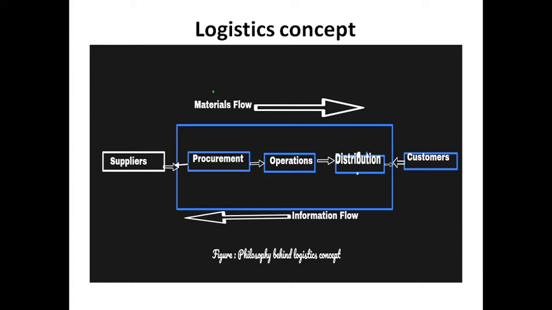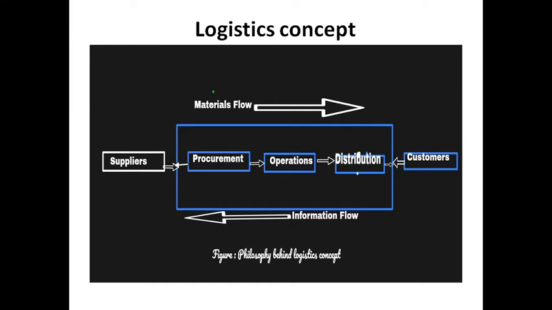Now information flow: the customers will let the distributors, the retailers, or the wholesalers know what they want, what they like about the product, and what they dislike about the product. All this information will be sent to the distributors.